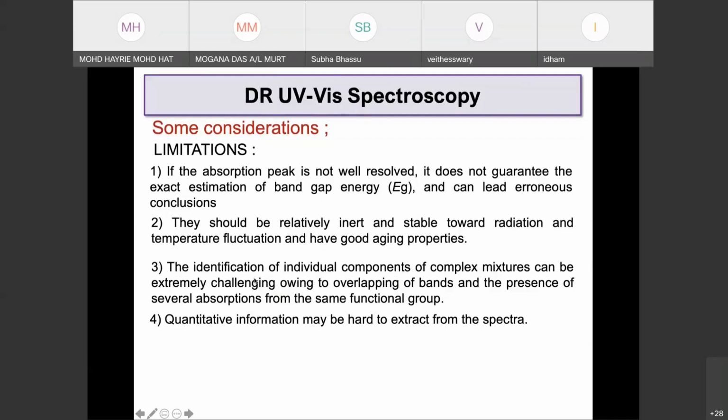The identification of individual components of a complex mixture can be extremely challenging, owing to overlapping of bands and the presence of several absorptions from the same functional group. So you need to do a deconvolution method. And quantitative information may be hard to extract from the spectra.